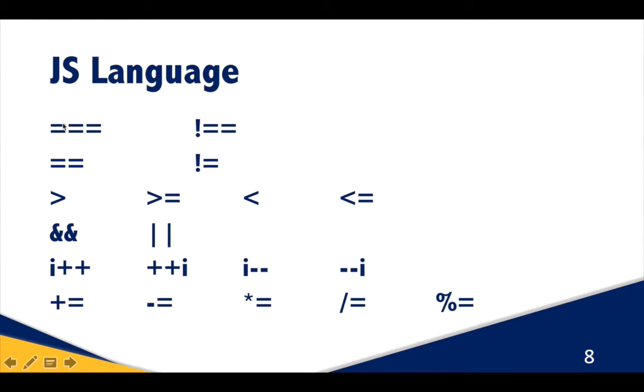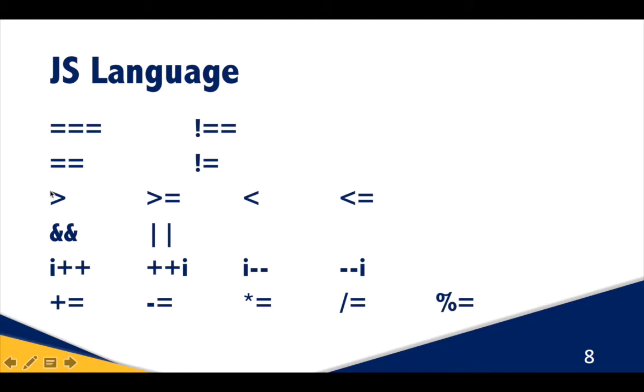And if you want to test with not equal, like not equal data type and value, you have to use this sign. If you want to test just, okay, it doesn't matter what the data type is as long as the number is right, then you can just use the double equal sign here, and it's just the usual one.